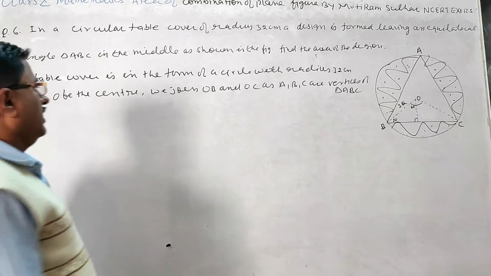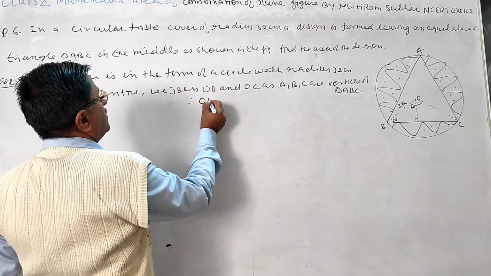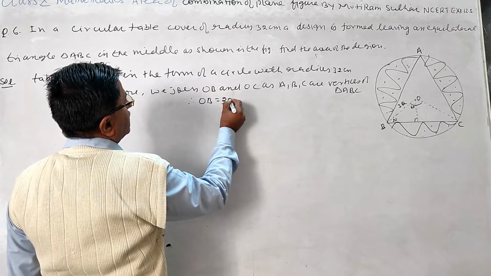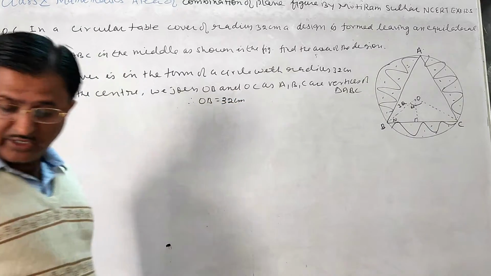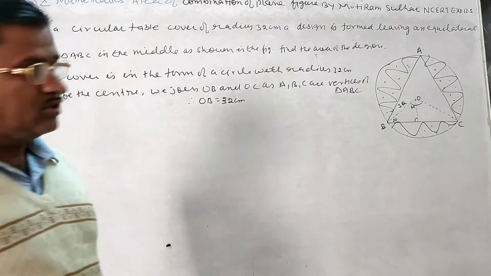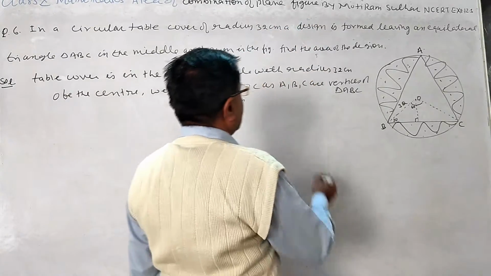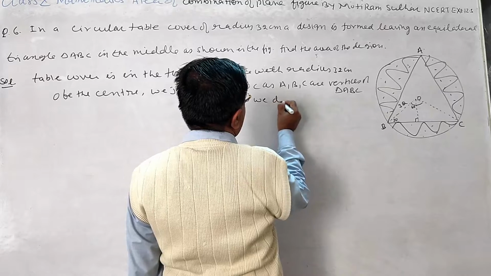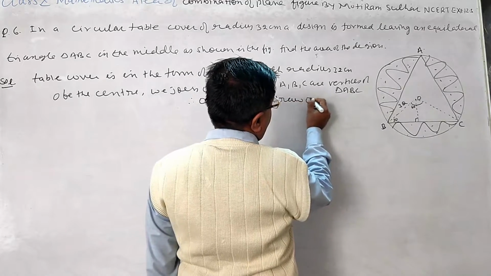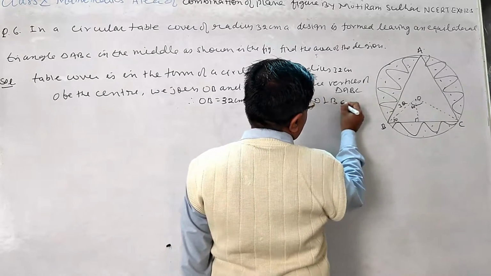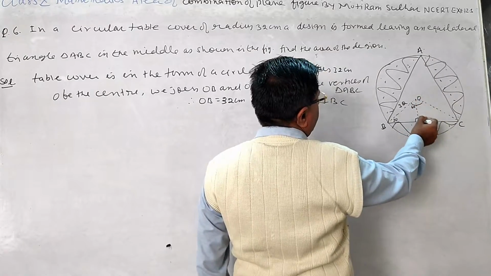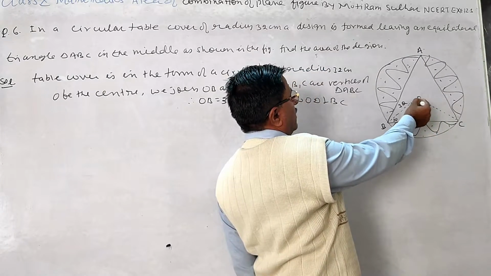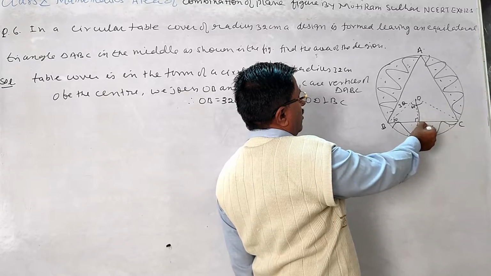Now as we are given OB equal to 32 centimeter, that is the radius is given, 32 centimeter. We draw OD perpendicular on BC. See here, from the center we draw a perpendicular on BC.